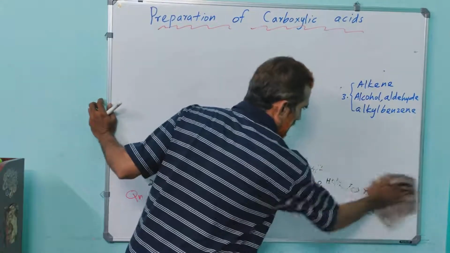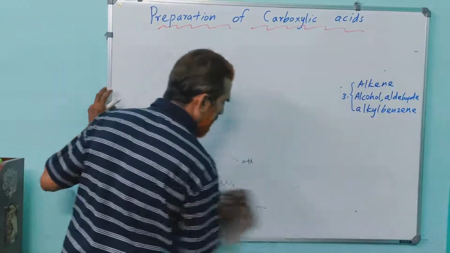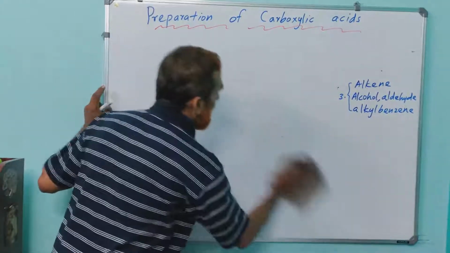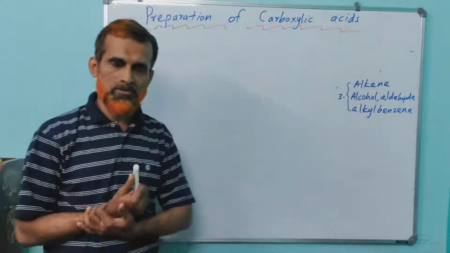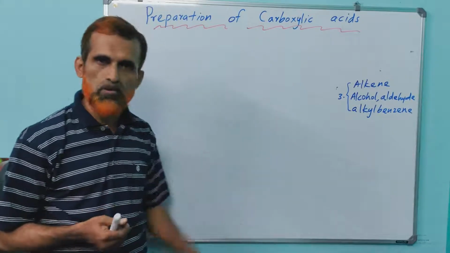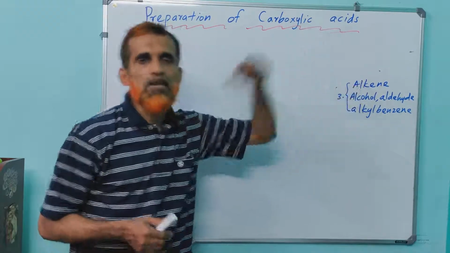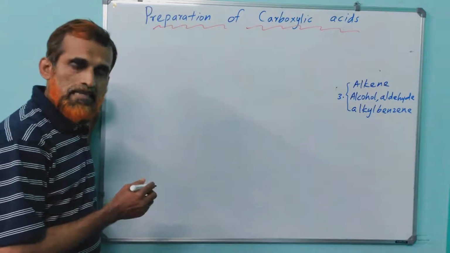Finally, other methods of preparation of carboxylic acid. We will quickly go through this with one example. As I said earlier, these reactions occur in other modules. You might have learned sometimes in your 4th semester also. From alkene you can prepare carboxylic acid, that comes in 4th sem.